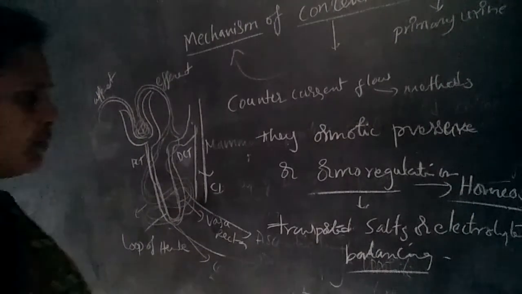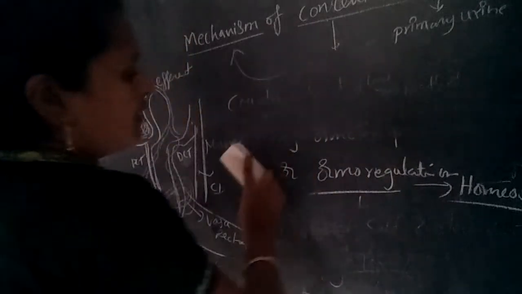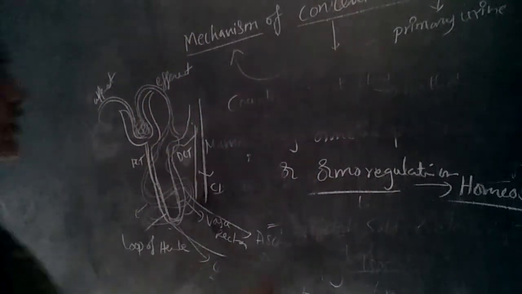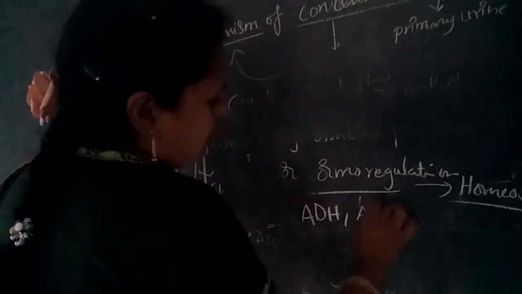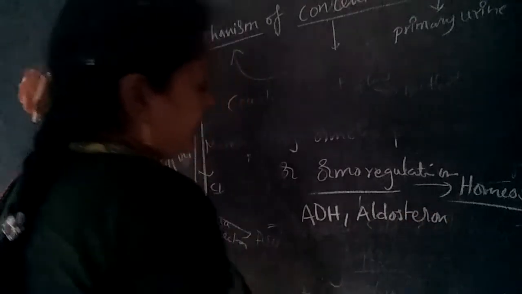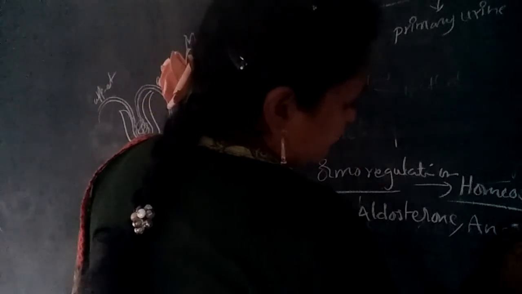Osmoregulation is controlled by the hormones ADH, aldosterone, and angiotensin.